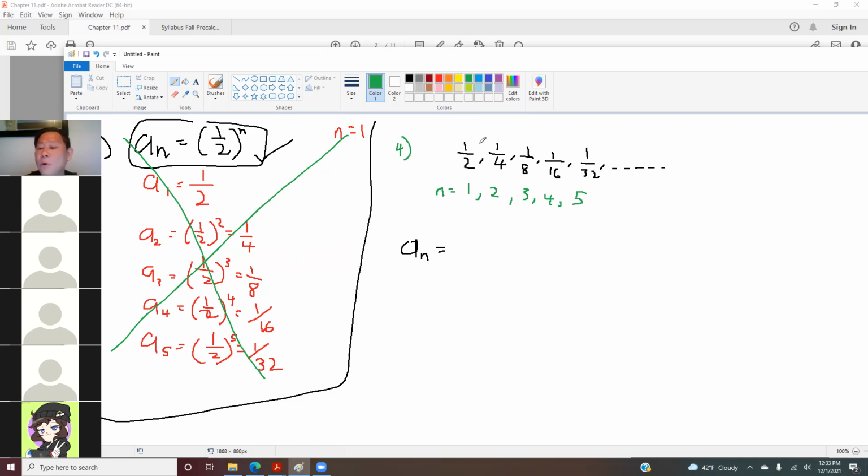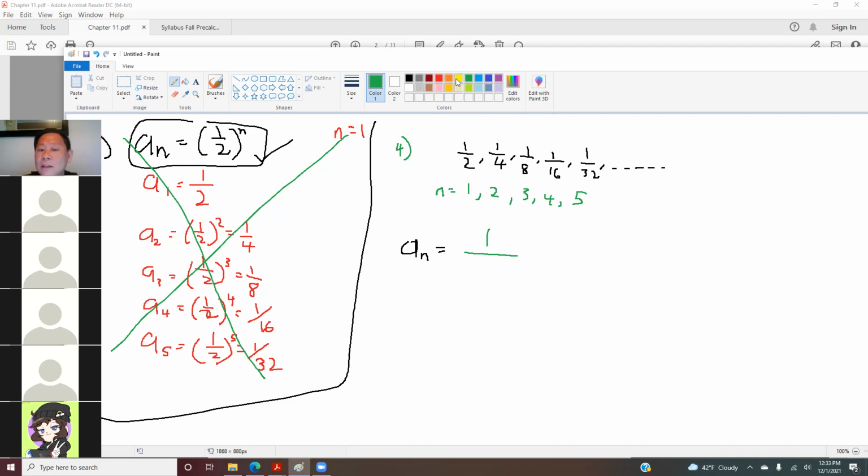Now, since every one of these has 1 over something, we know that our formula for this case is going to be 1 over something. Now you need to figure out what happens in your denominator. You have to figure out what makes 1 become 2, 2 become 4, 3 become 8, 4 become 16, and 5 become 32.